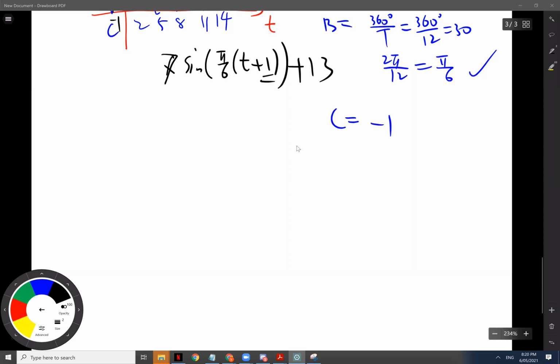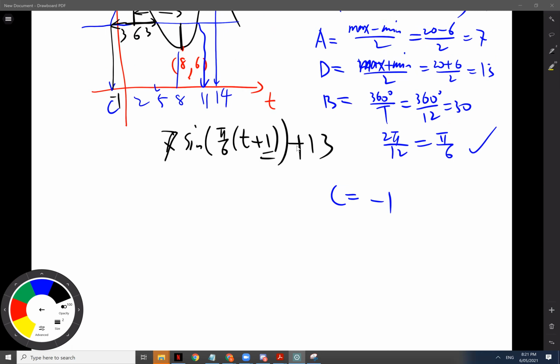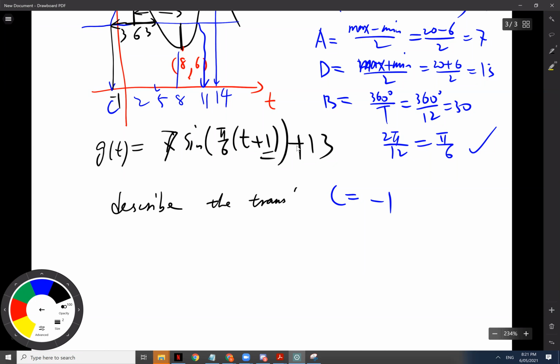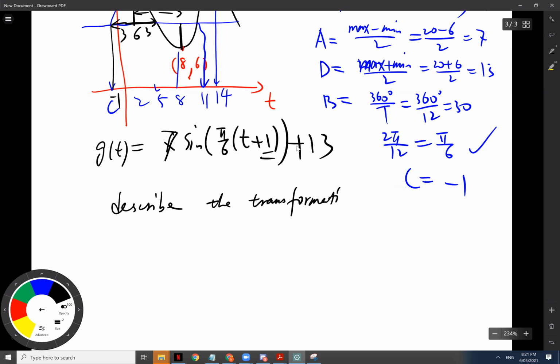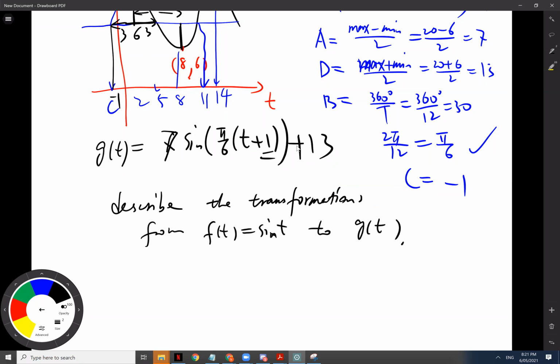Okay, good question. Let's check this question. Describe the transformations from f(t) to g(t). Okay, describe the transformations from f(t) to g(t).